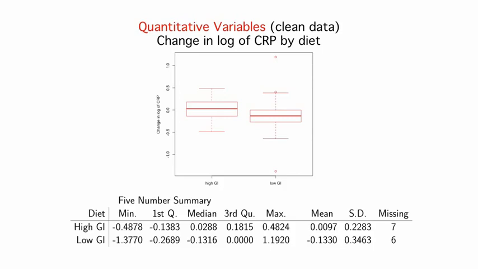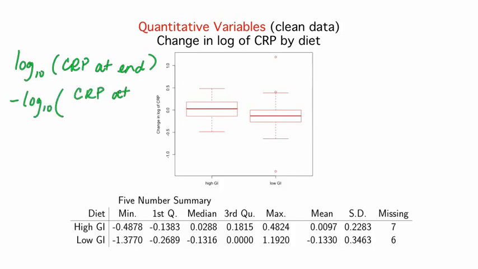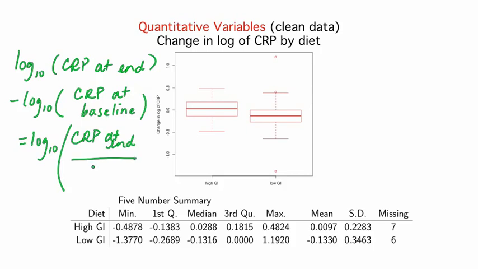Taking you back to some basic facts about logarithms, the difference of two logarithms is the log of the ratio. So the difference between the log of CRP at the end of the study and the log of CRP at baseline is the log of CRP at the end divided by CRP at baseline. So this difference in the log measures the log of the ratio.